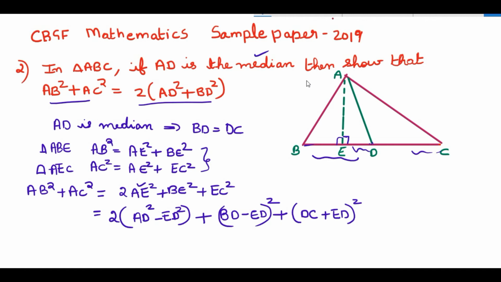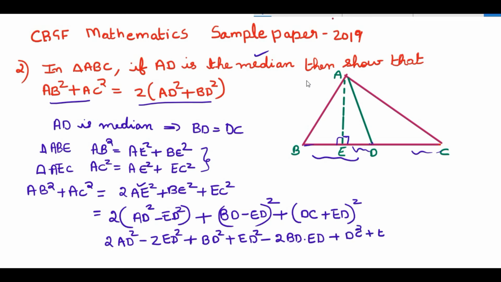Now I'll open the bracket: 2AD square minus 2ED square. When you open the bracket, using A minus B the whole square is A square minus 2AB plus B square. So I have BD square plus ED square minus 2BD into ED, plus, same way, DC square plus ED square plus 2DC into ED.